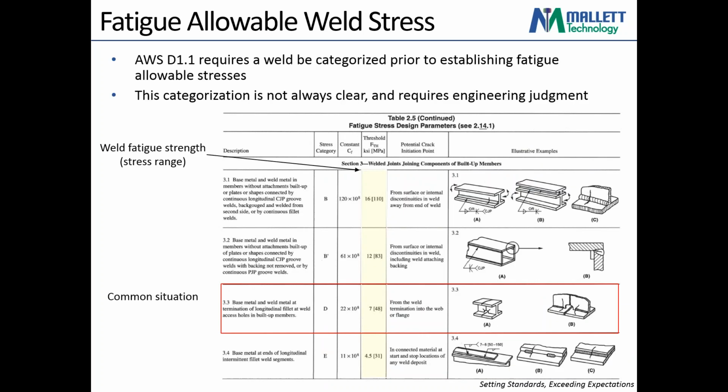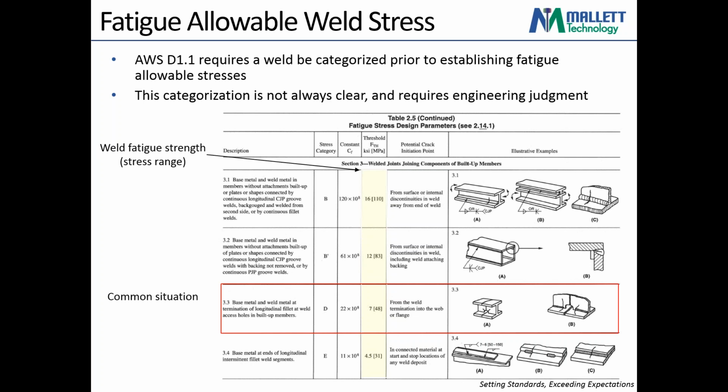Those are pretty straightforward. The fatigue allowable weld stress is slightly more complicated. Essentially how AWS handles this is they have a number of defined cases, and I've shown 4 here. There's many more than 4. For each case, the case has different weld types, different loading conditions, different locations on the weld, things like that. It defines a fatigue strength, and it defines a stress category.